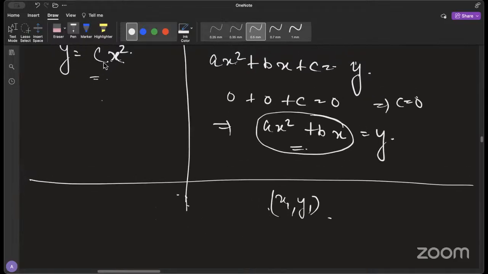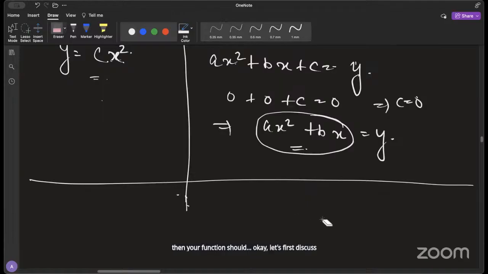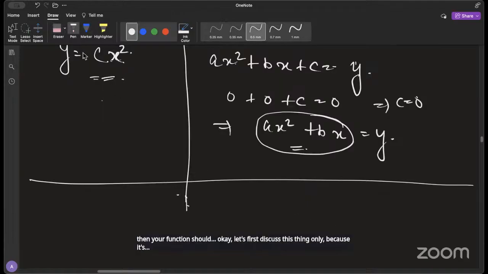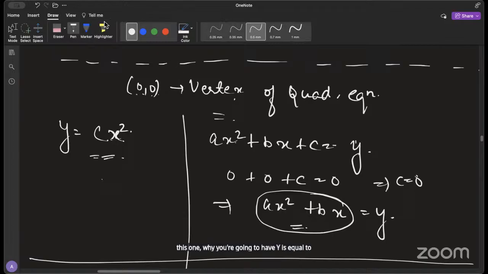Then your function should, okay, let's first discuss this thing only, because it's this one, why you're going to have y equal to cx squared. So if you have vertex at 0, 0, that means, now, is it coefficient of x equals to k? Sorry, what?